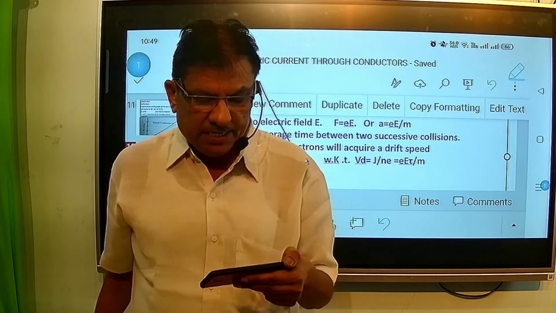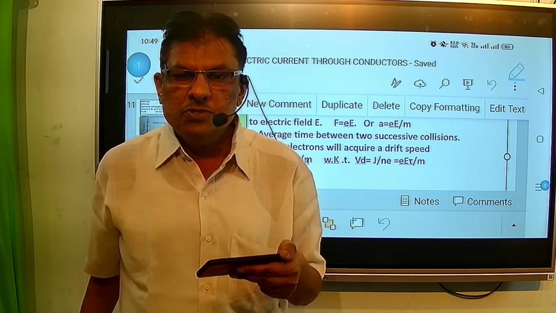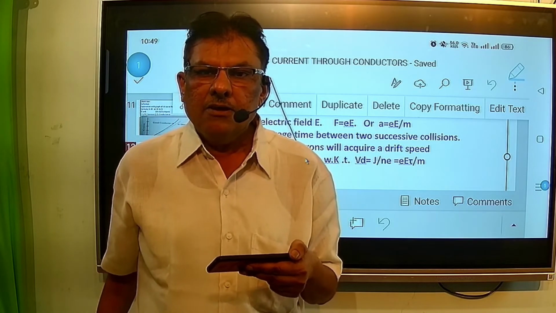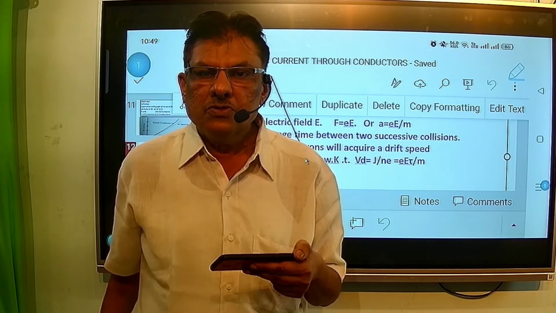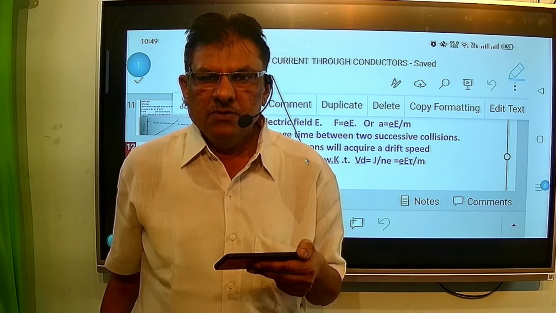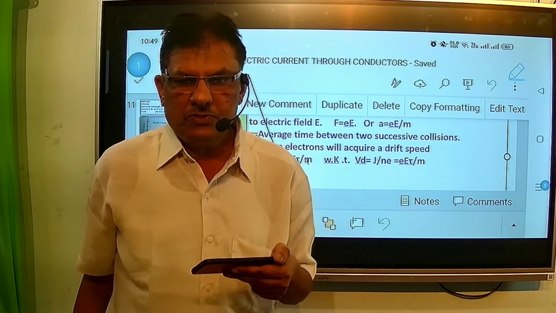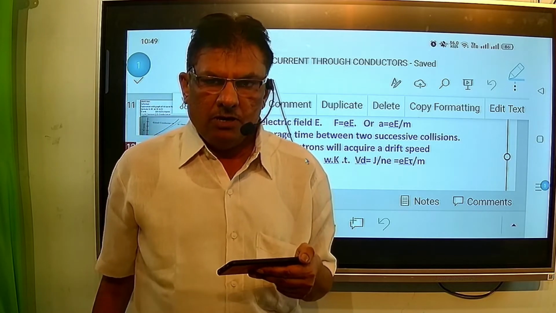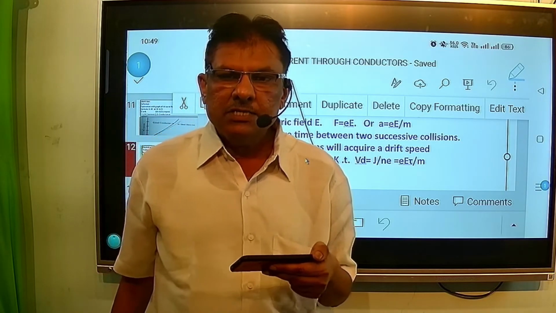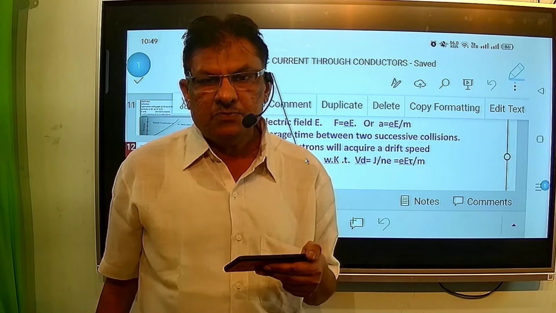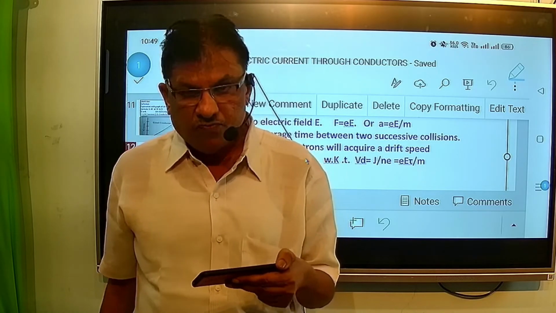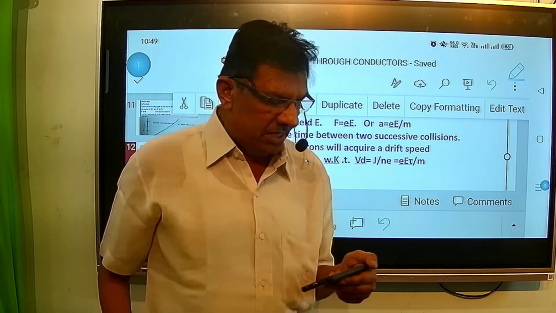So when these two charges come across each other, according to Coulomb's law there is also a force. The force may be attractive or repulsive. The force experienced by the test charge, which is the minority in comparison to the flow of charges, which is the majority, gives rise to a force, and that force equation is given here.